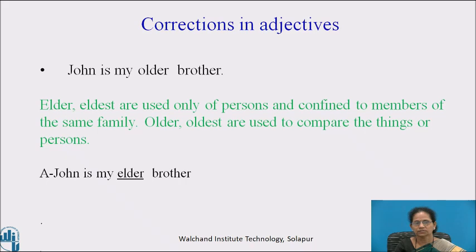Now some corrections in adjectives. John is my older brother. Eldest and elder are used only of persons and confined to members of the same family. Older and oldest are used to compare things or persons. That's why the correction in the first sentence is: John is my elder brother and not older.